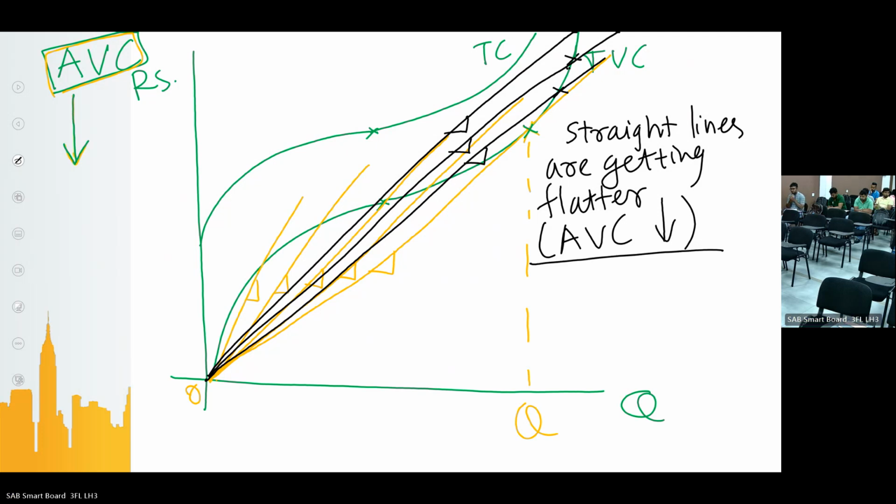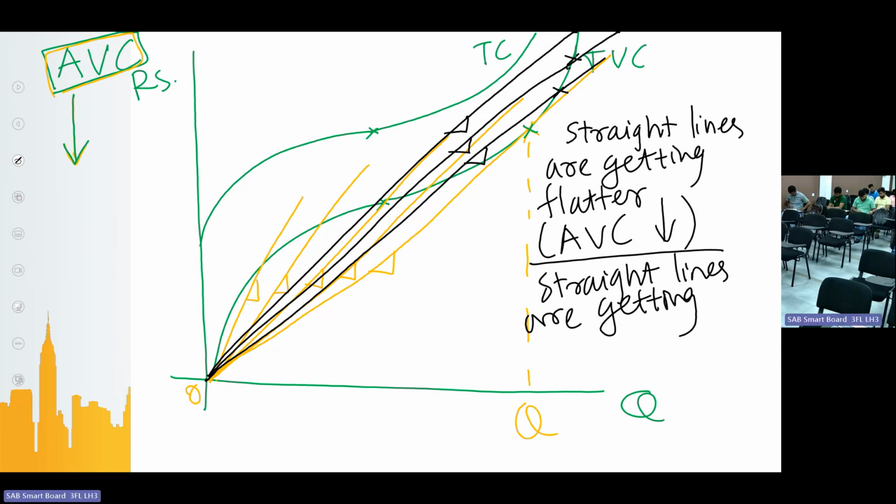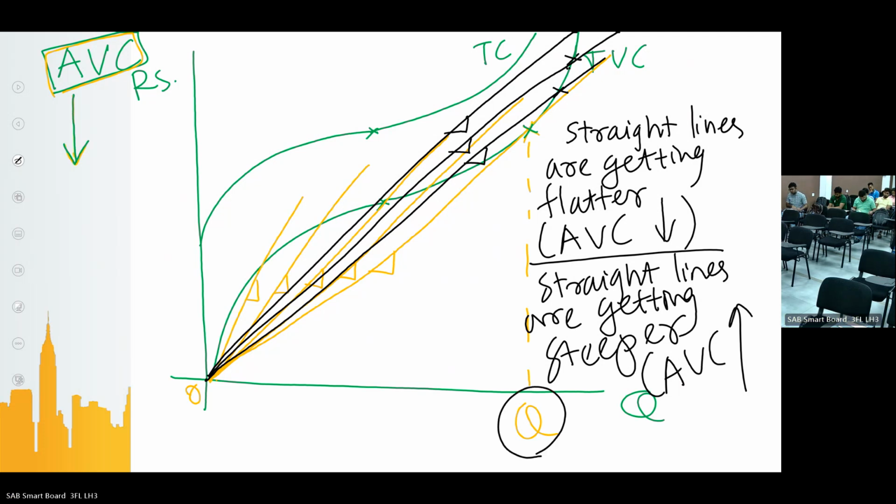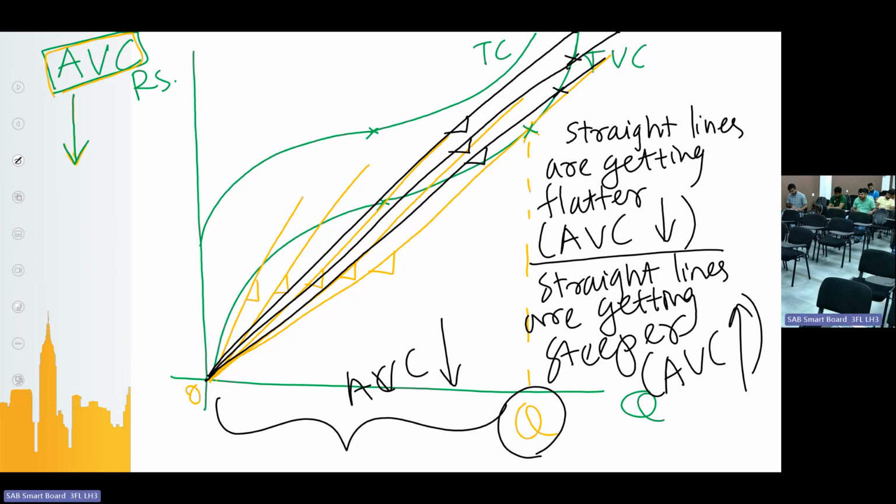And then straight lines are getting steeper. That means AVC is increasing. So after this level of output, AVC will increase. Over this range, AVC is decreasing. Over this range, AVC is increasing.